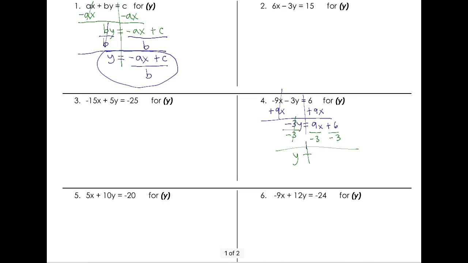Bring down our y. And 9 divided by a negative 3 is going to be negative 3. Bring down our variable, negative 3x. And 6 divided by the negative 3 is a negative 2. And there's our answer.